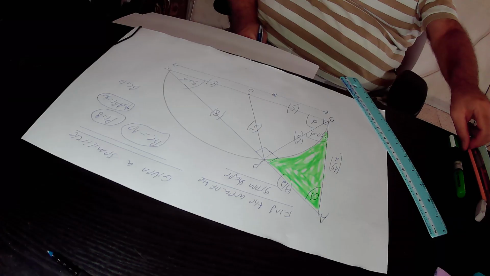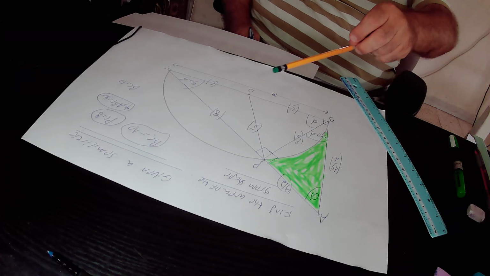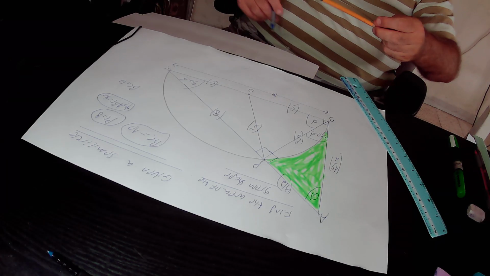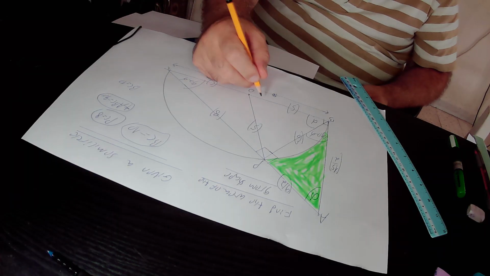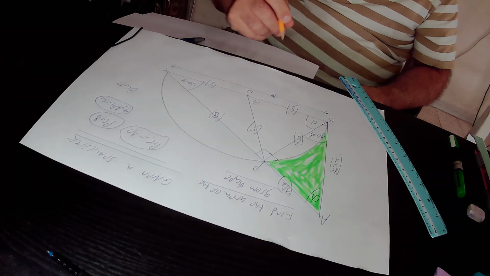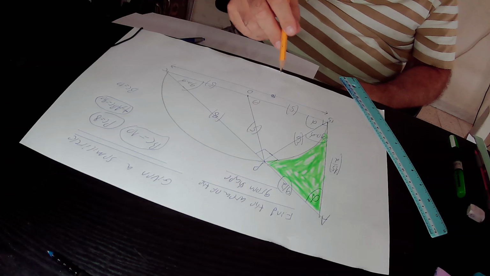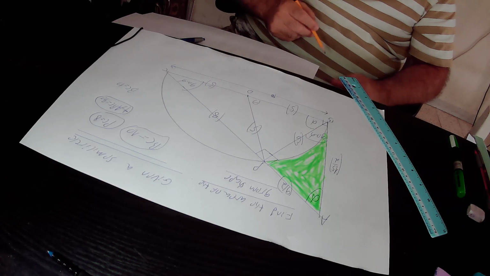We define angle POB. This angle is theta, and we implement the law of cosines in this triangle POB.